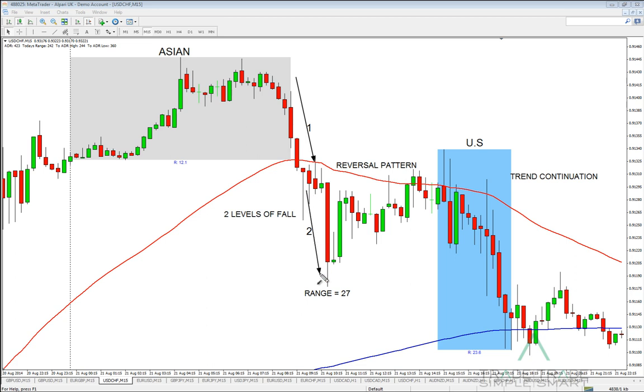our 2 levels of fall out of Asia only reached 27 pips. We see our reversal back into the range of the London session, which forms an M formation, and then we see the continuation of the trend during the US session.